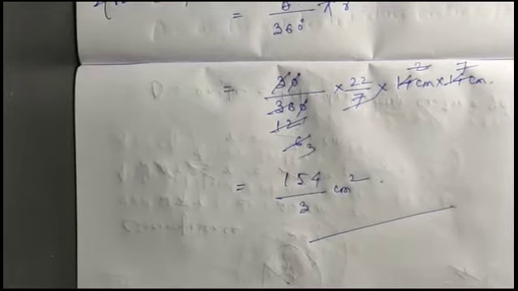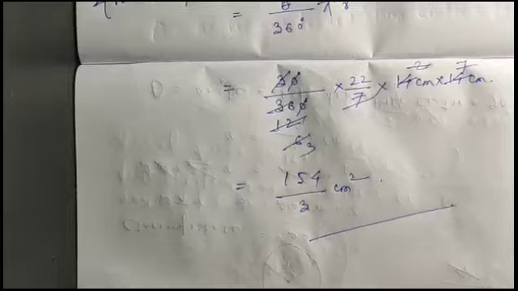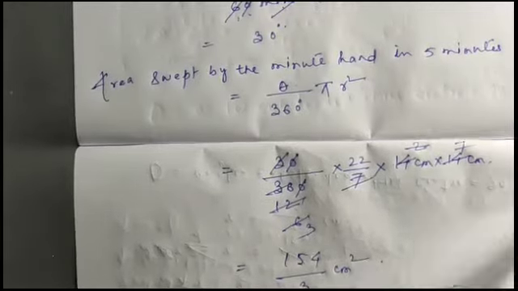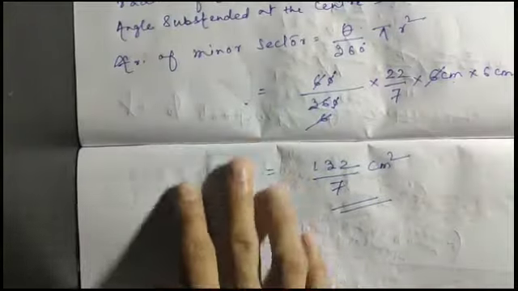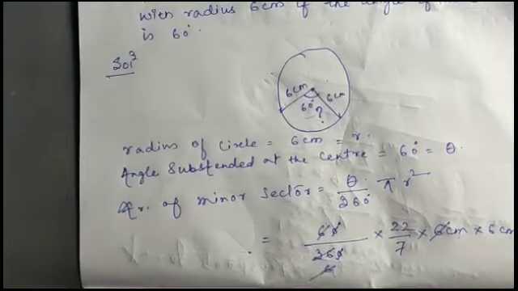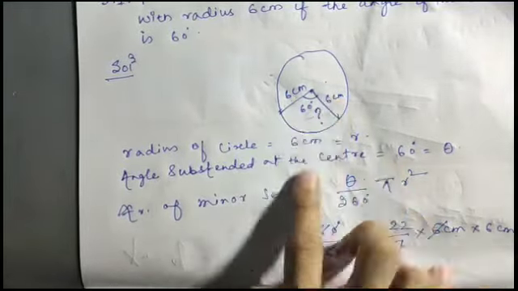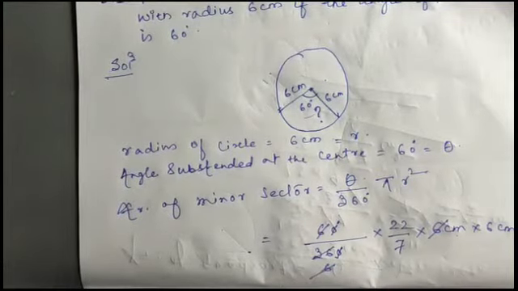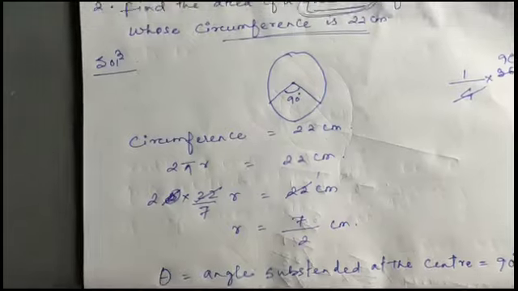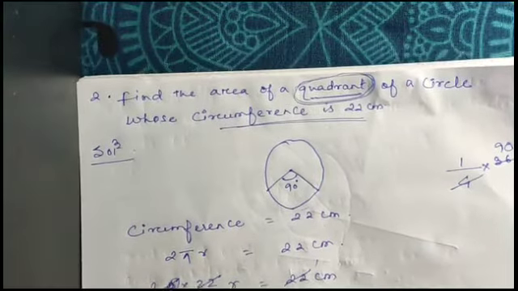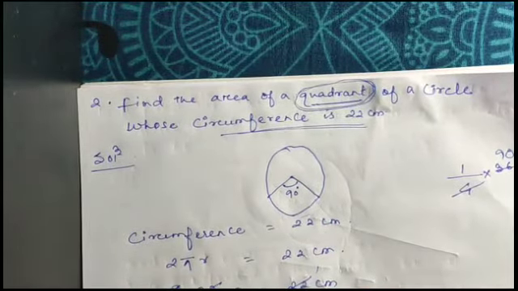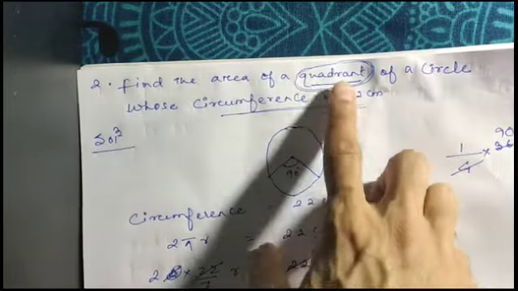So today we have solved 3 sums, where in the first sum the angle was given, and the radius was given, and we found the area of the minor sector, right? And in the second sum they gave us the circumference, and said that it's a quadrant.